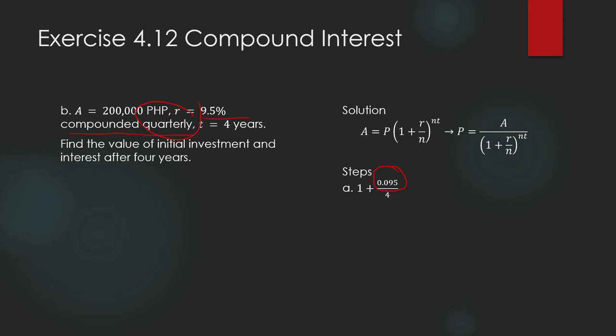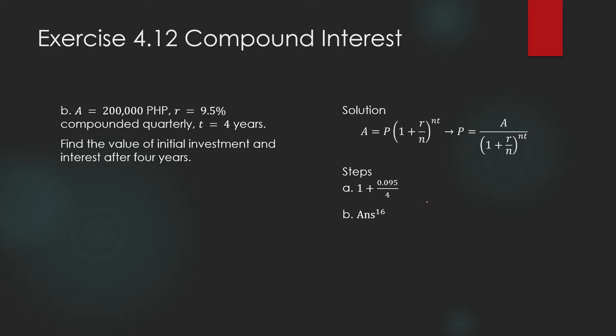So you will divide it by 4. Suppose we are doing this by calculator. After inputting this, you will press the equal sign, it will produce an answer, and then you will raise it to 16. 16 is N times T, that is 4 times 4, which is 16.